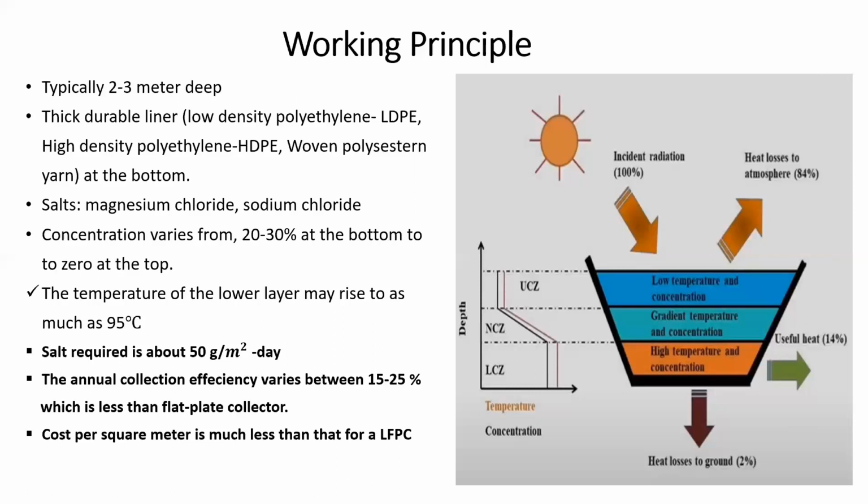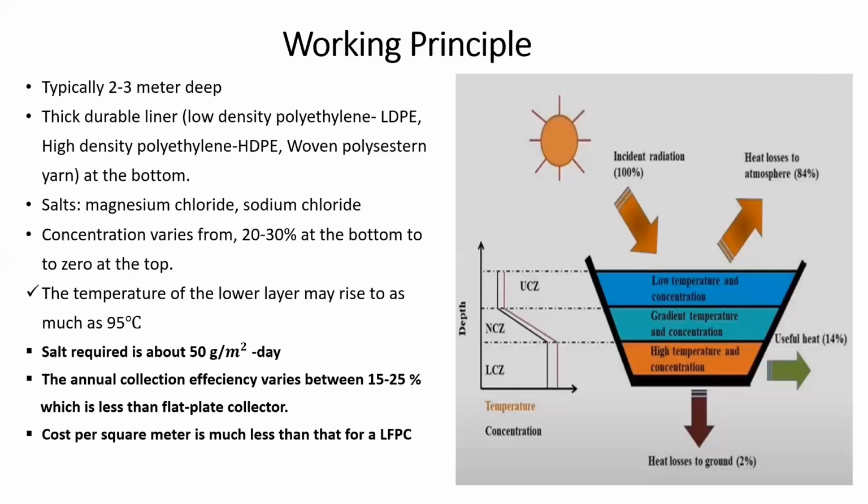Although the principle of working was demonstrated effectively, temperatures close to the maximum possible value of 100 degrees Celsius were obtained at the bottom. In India also there is a solar pond in Bhavnagar, an area of 1,200 square meters built at the Central Salt and Marine Chemical Research Institute.